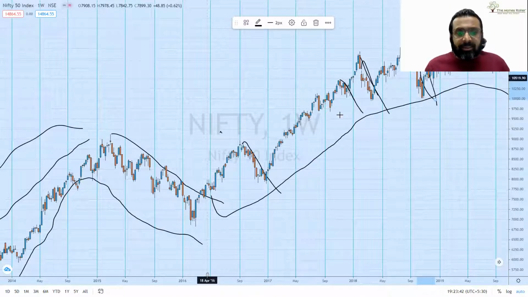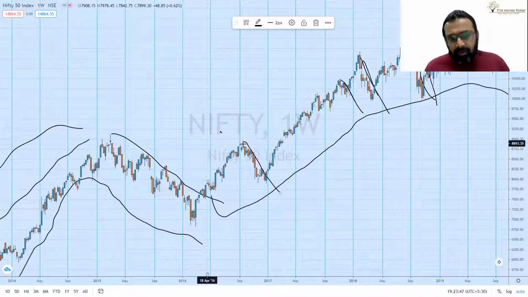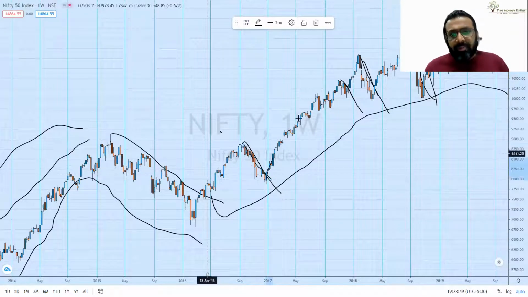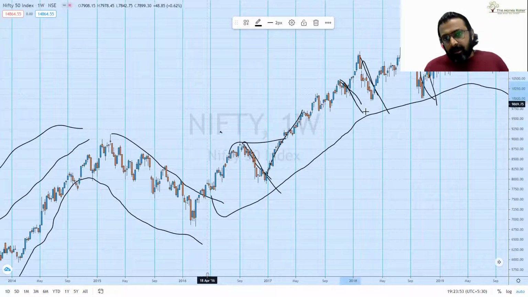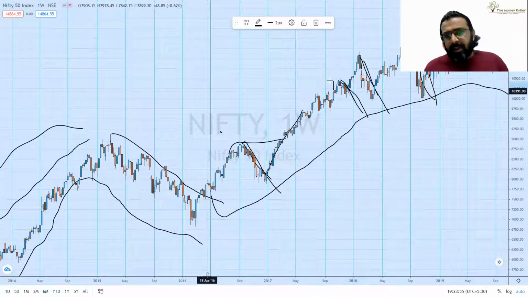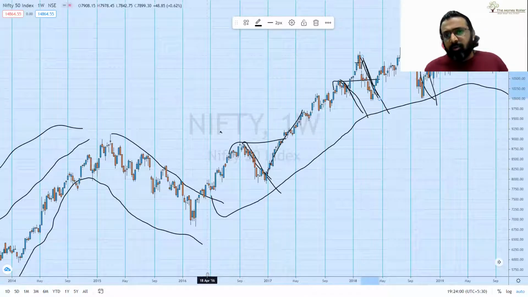So you can see that it's a bull market. Even though there is a price move here, the price moves past this high. Then again, there's a counter cyclical move here, but the price eventually moves past this high. Again, there's a counter cyclical move here. The price moved past this high out here.